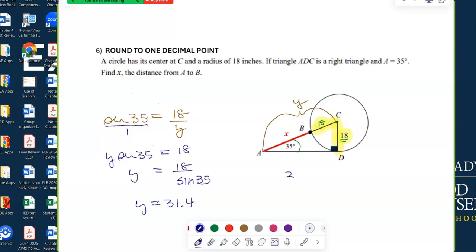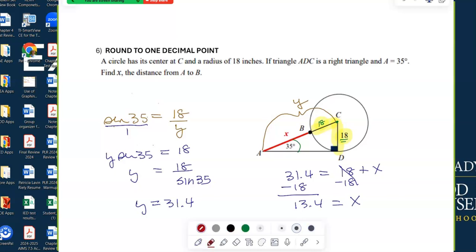My y is 31.4, but isn't that 18 plus x? So why not just subtract 18 from it? 31.4 minus 18 gives me 13.4. When I do this, these go away, and I have x is 13.4, and that's a very nice problem.